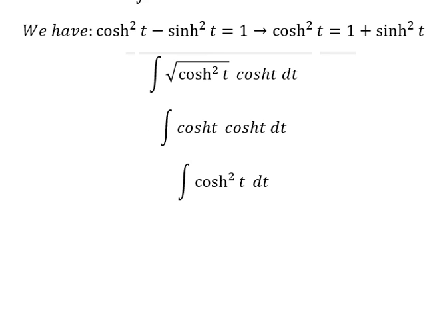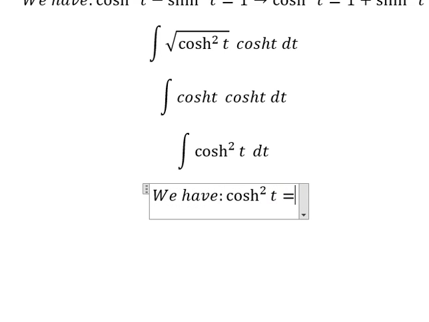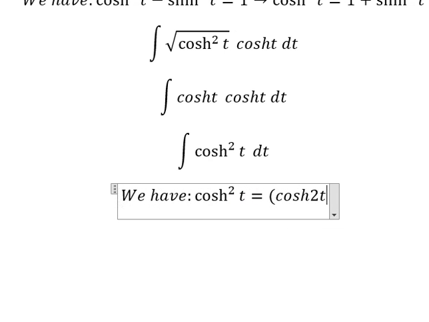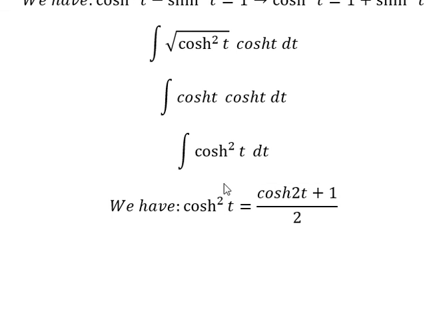Now we have the formula in here: cosh t squared equals cosh of 2t plus 1, over 2. So we change this one into this one.